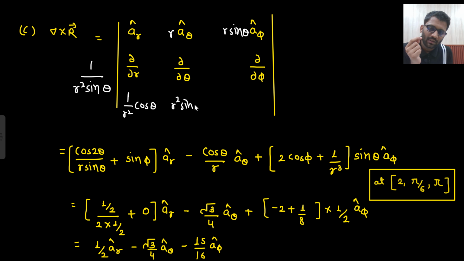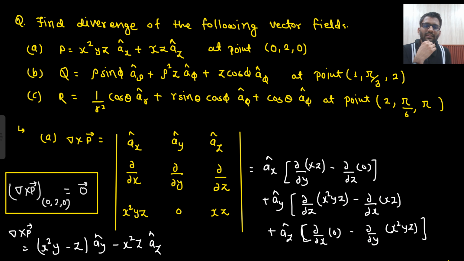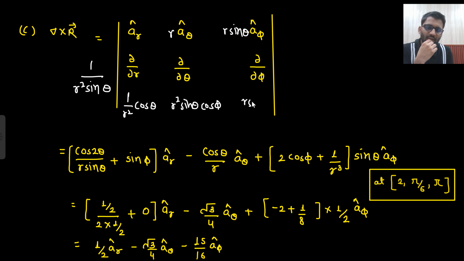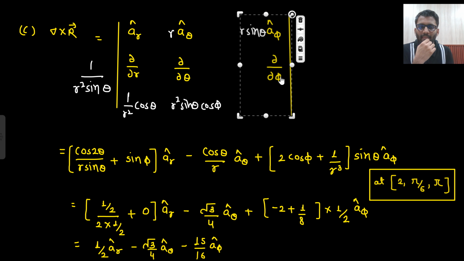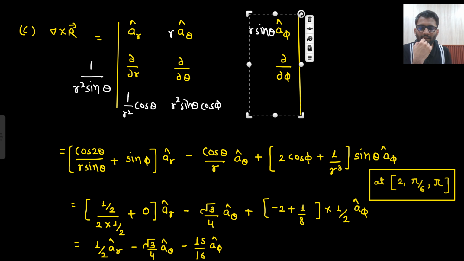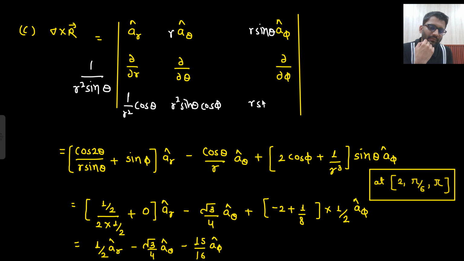In the third term, r sin theta will be multiplied, so r sin theta cos theta.